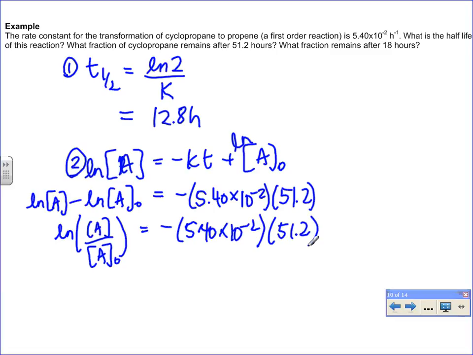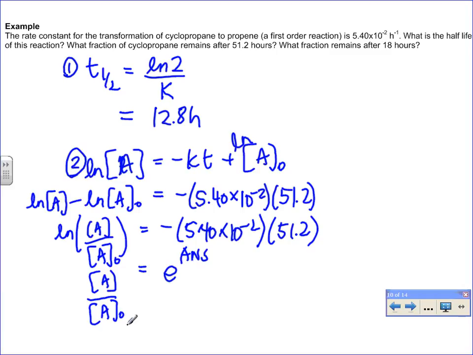Now the inverse of the ln is e to the power of. So if I want to solve for this fraction of A divided by A naught, I need to take e to the power of the answer. Okay, that's going to give me A over A naught.